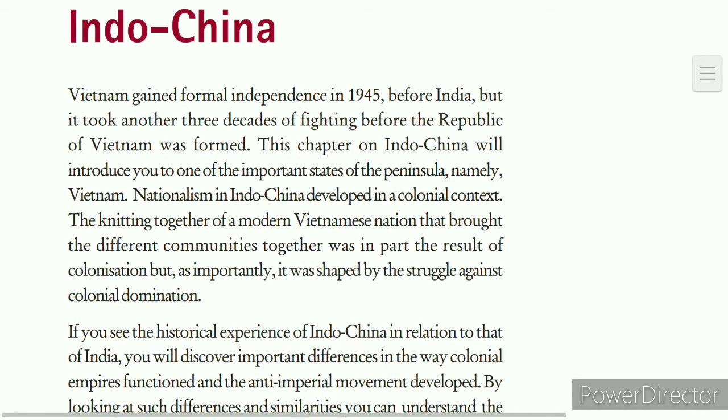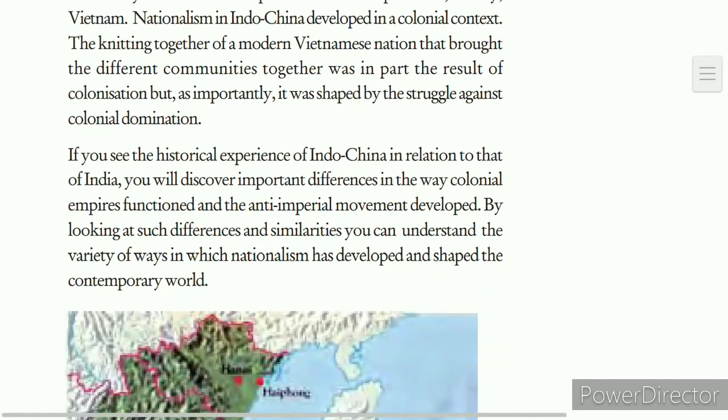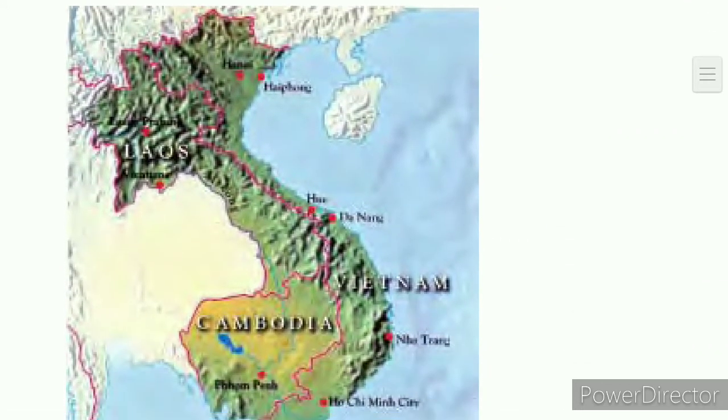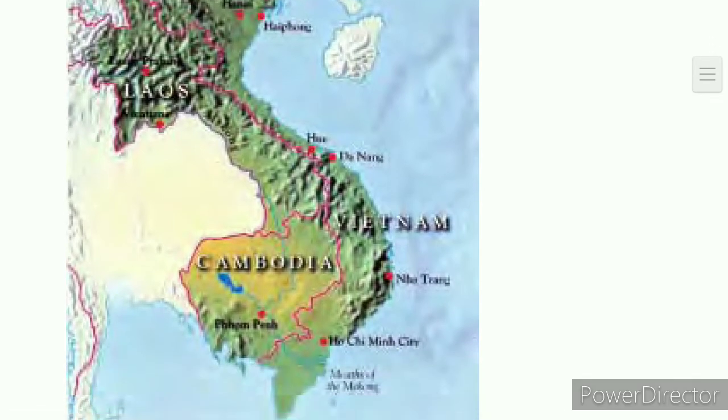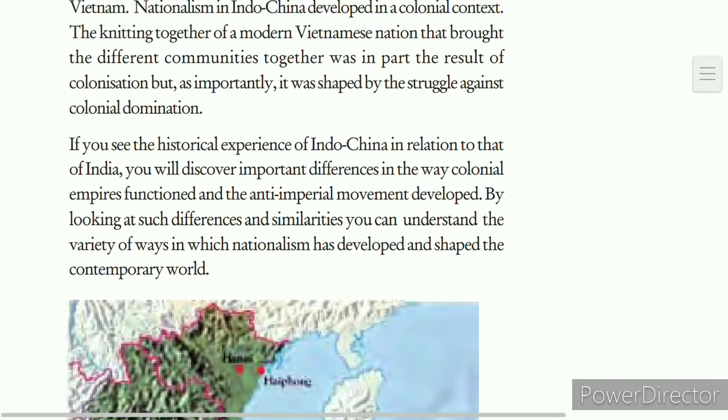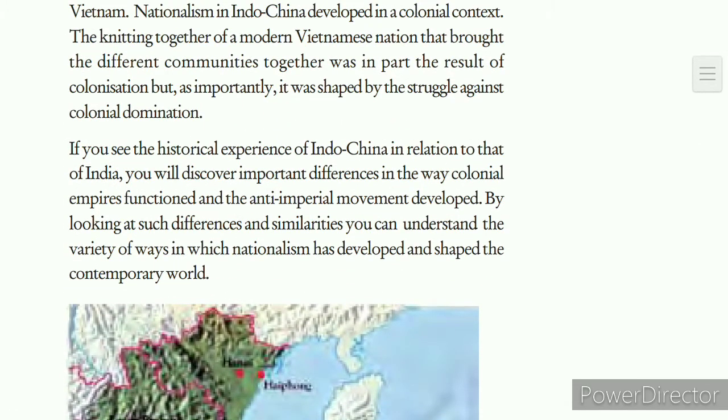How Vietnam, Cambodia, and Laos, right? You can see here Laos, Vietnam, Cambodia. These are the areas which were completely dominated under colonial rule, and China dominated them.